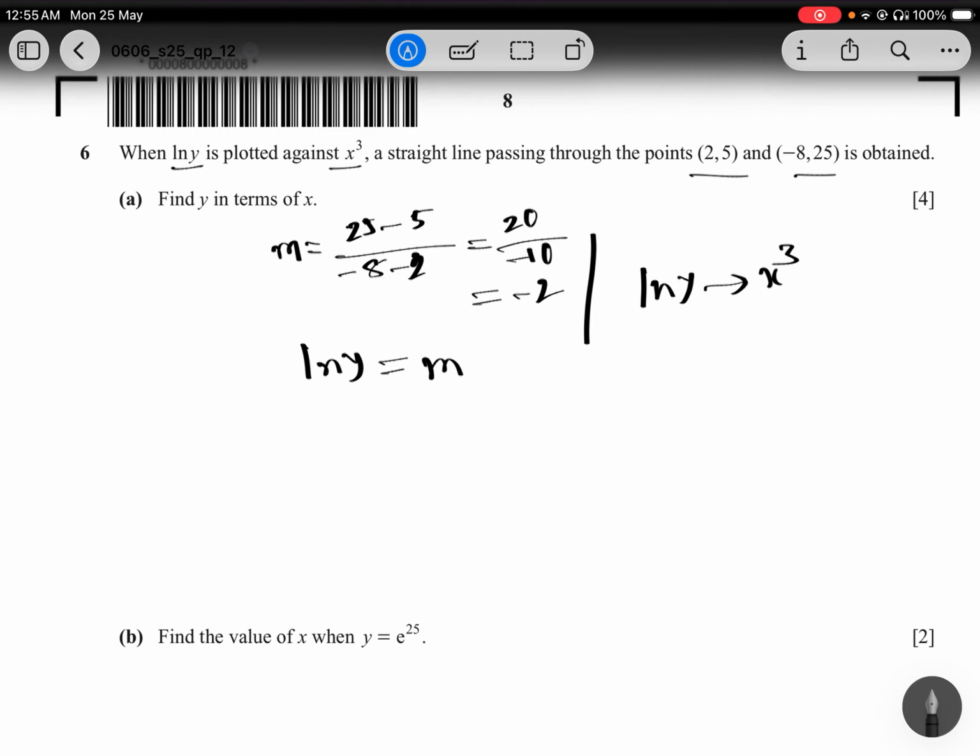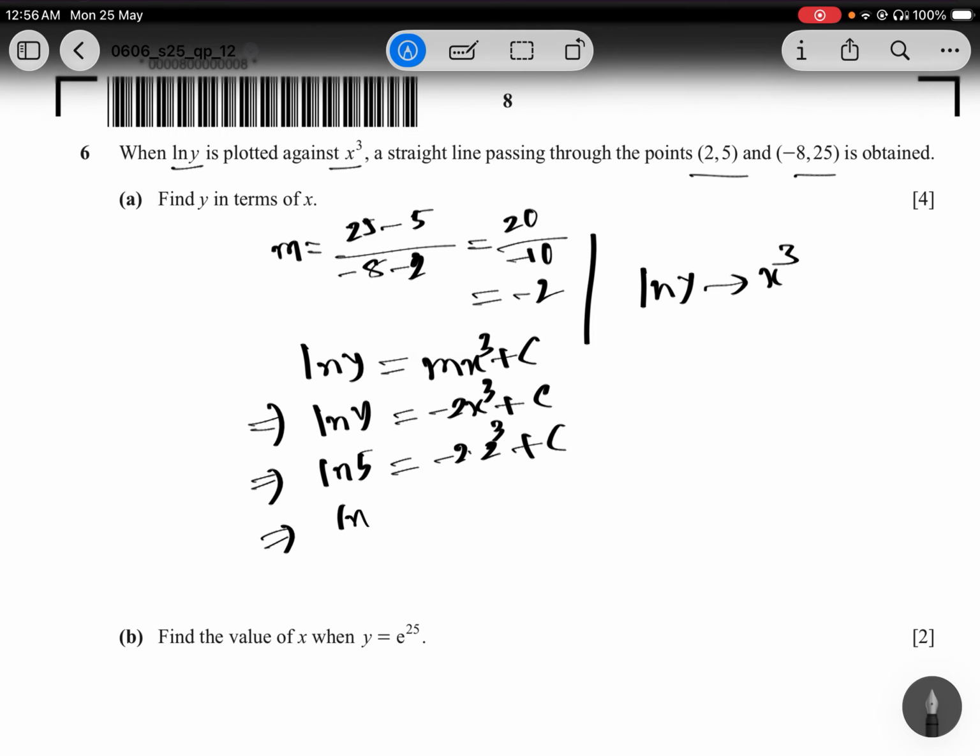Y is equal to m x cube plus c. M is negative 2, so negative 2 x cube plus c. Now I have to find the value of c. So I'm inputting 5. So ln 5 equals minus 2 into 2 to the power cube plus c. So ln 5 is equal to minus 16 plus c.